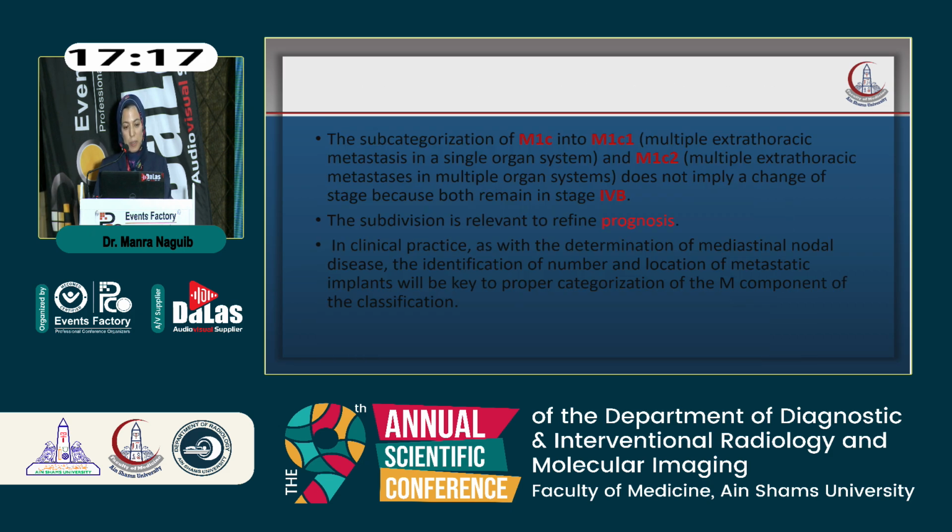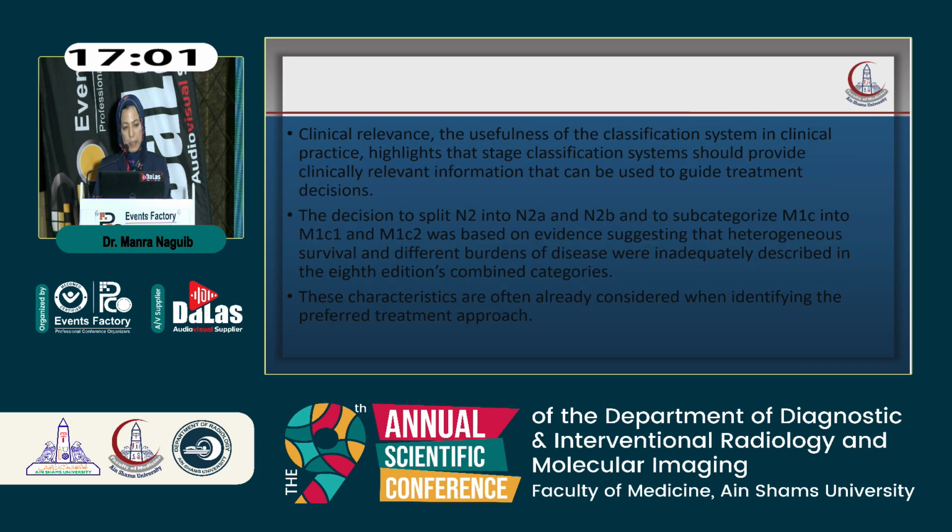The subcategorization of M1c into M1c1 and M1c2 does not imply a change of stage, because both remain in stage 4B. Thus, the subdivision is relevant to refine the prognosis. Clinical relevance: the usefulness of a classification system in clinical practice.